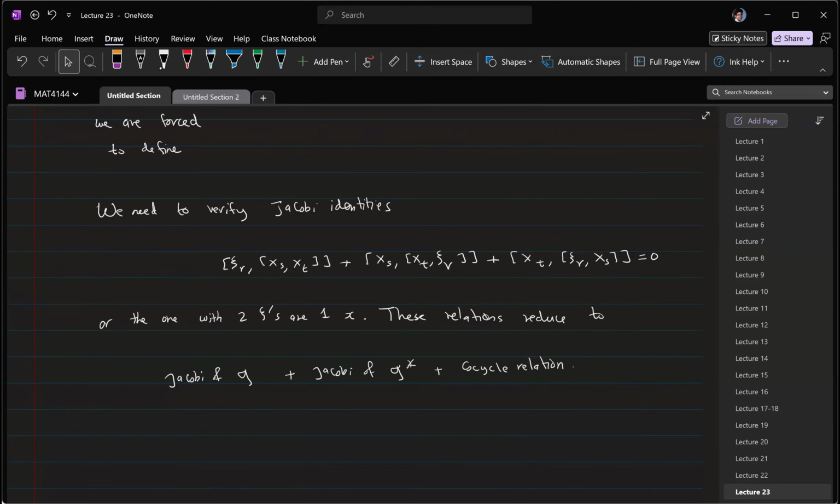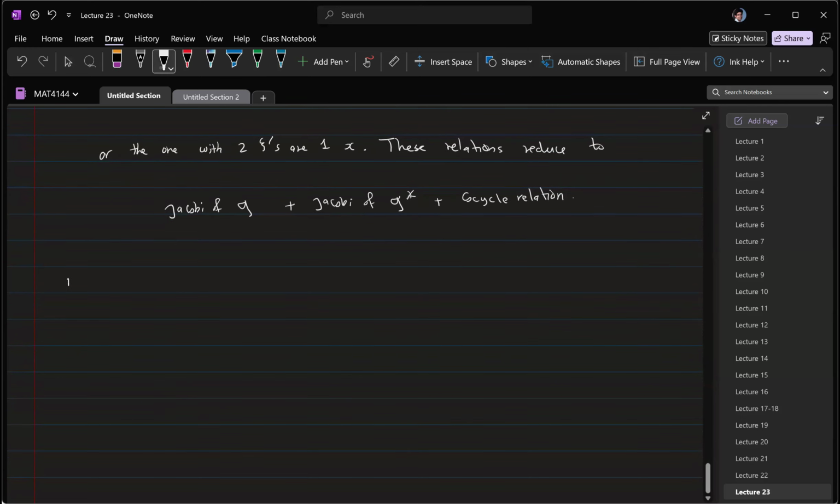So here is the claim. Now from all that we have seen, we know that the role of G and G star is interchangeable in a Lie bialgebra structure.